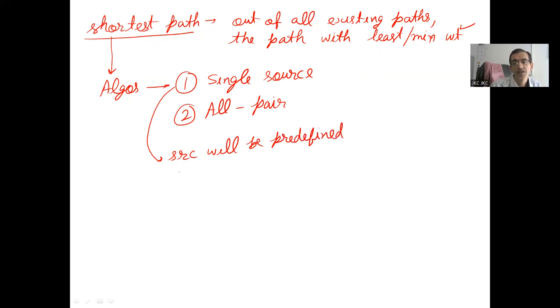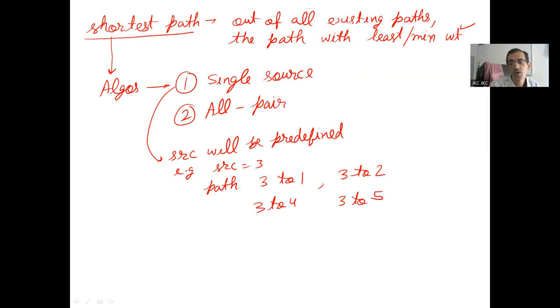For example, if I say source is 3, then I want to find paths for 3 to 1, 3 to 2, 3 to 4, and let's say 3 to 5. So I want to find all paths and shortest paths from 3 to all vertices. This is what is called a single source shortest path algorithm.